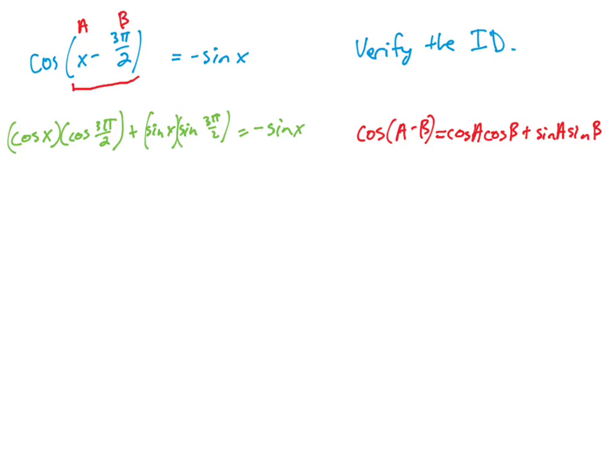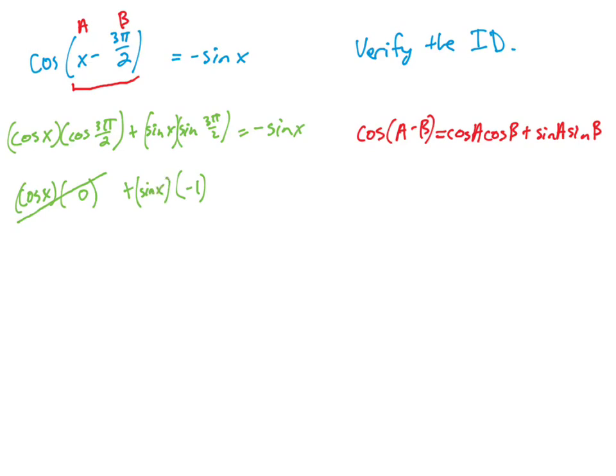Okay, so let's evaluate each of these trig functions. Well, cosine of x, nothing to do there. Cosine at 3 pi over 2 has a value of 0, plus sine of x, sine of 3 pi over 2 is negative 1. So 0 times cosine of x is 0.